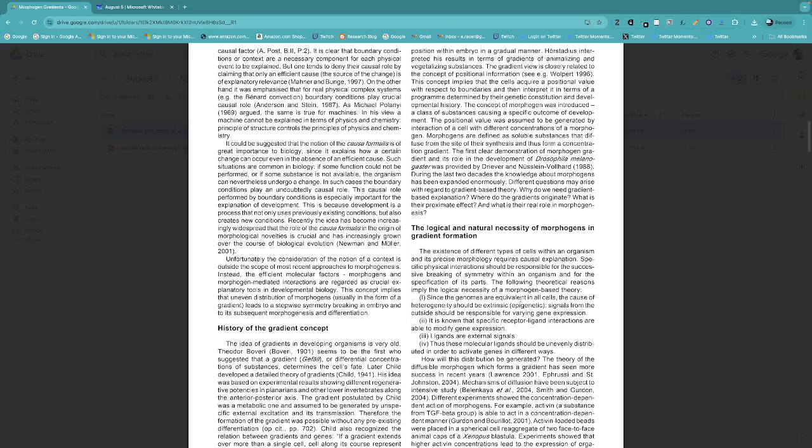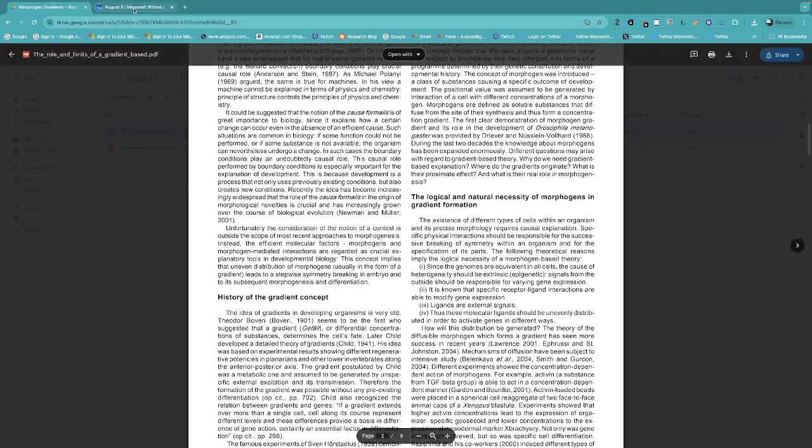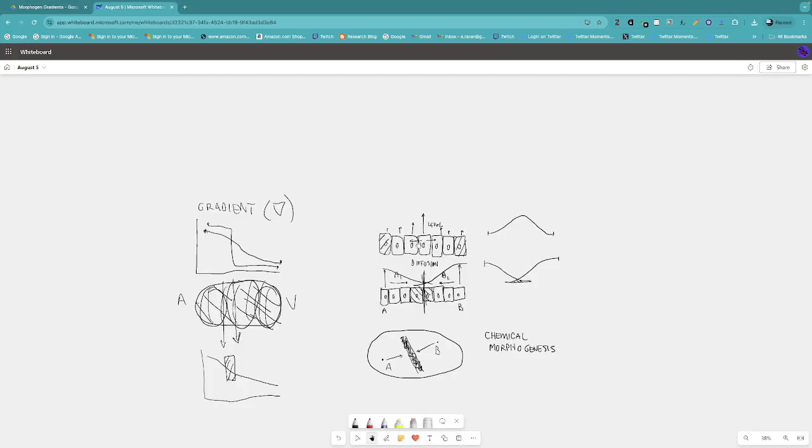And so, the following theoretical reasons imply the logical necessity of a morphogen-based theory. So first is, since the genomes are equivalent in all cells, which is maybe not a fair assumption, the cause of heterogeneity should be extrinsic. So if we assume that the genomes of all these cells are equivalent in our sheet, then the thing that's affecting the differential expression here is this external gradient and not variations in the genome.